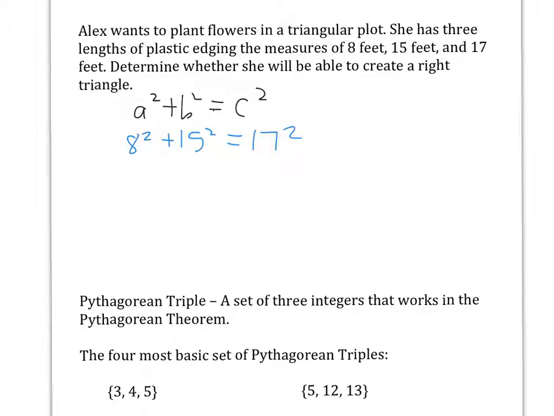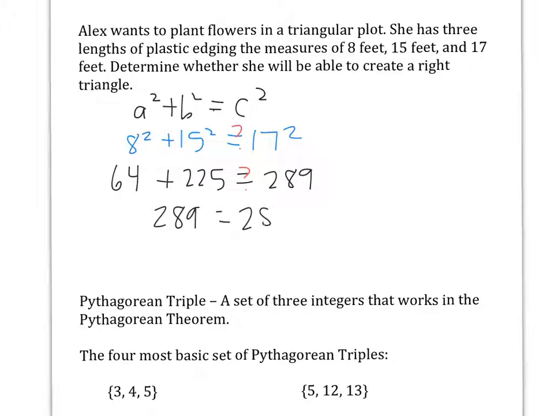So does that equal 17 squared? So I'll put a little question mark there. 8 squared is 64, 15 squared is 225, 17 squared is 289. So 64 plus 225 is 289, and 289 equals 289. So yes, she will be able to create a right triangle.